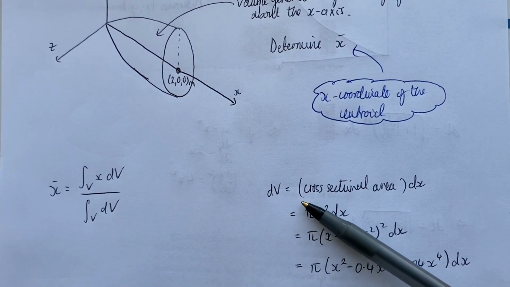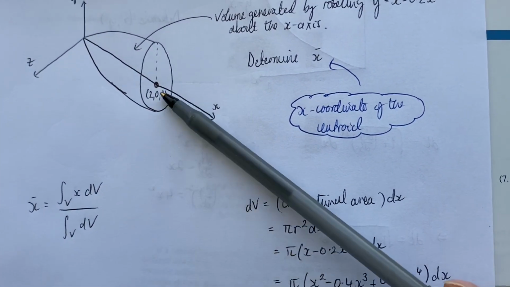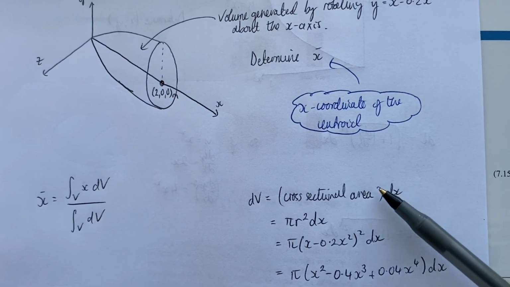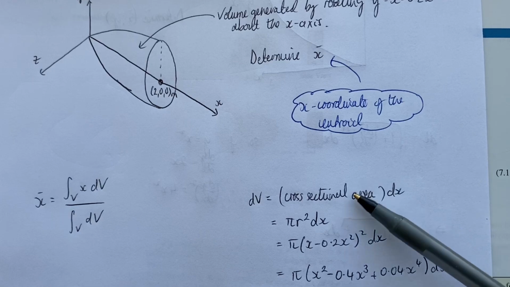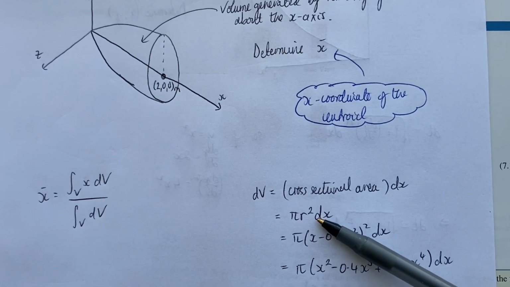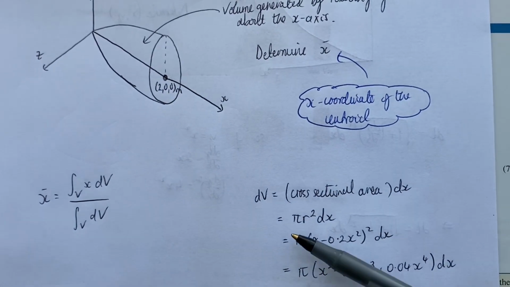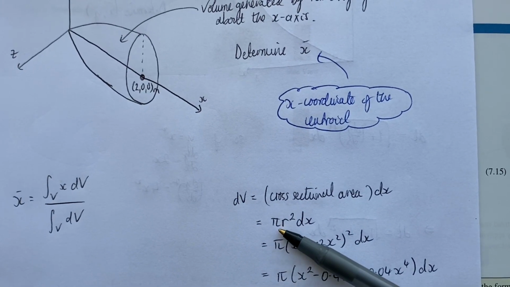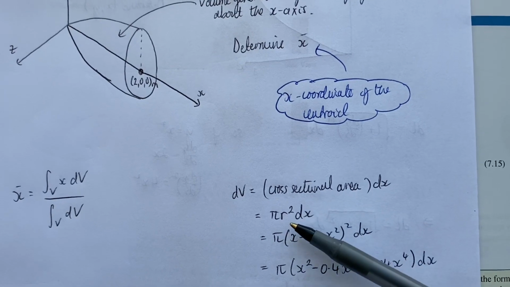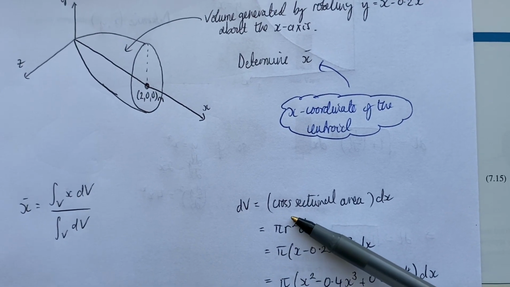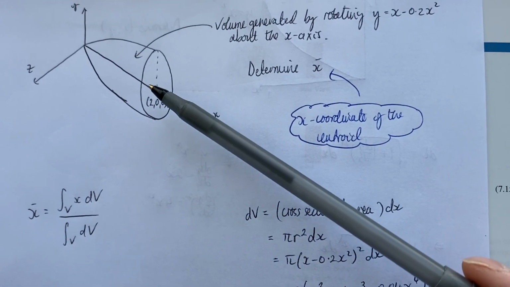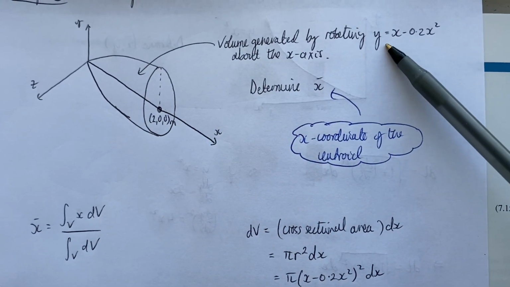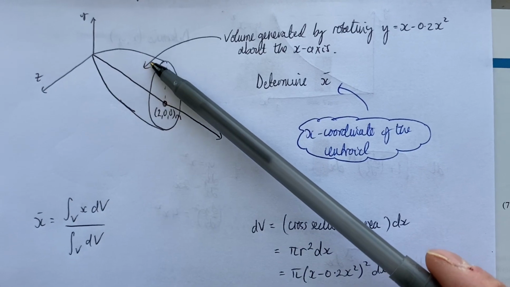So dV is nothing more than the cross-sectional area of this shape multiplied by the width of the strip, to get a volume. Now the cross-sectional area of this shape is just going to be a circle, so we know that this part here is going to be pi r squared, and r, the radius of this circle, is going to be defined by the equation of the line defining the edge of the shape.